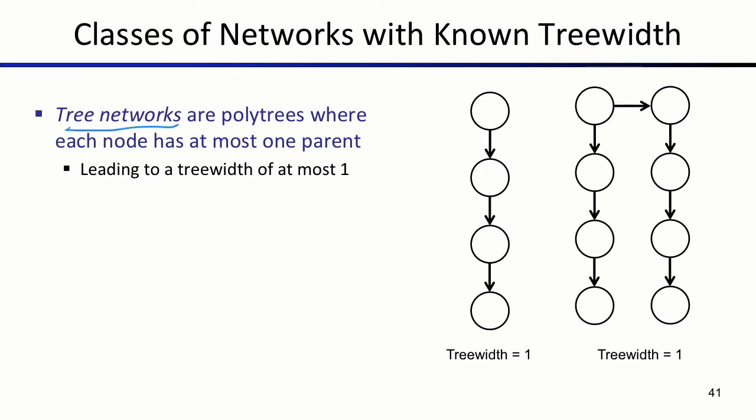If every node has one parent, we can conclude that the tree width will be at most one. So we have here two examples of tree networks. Both have tree width equal to 1 because if you look at the number of parents, you're going to see that the largest one is going to be 1. So both of them have a tree width equal to 1.